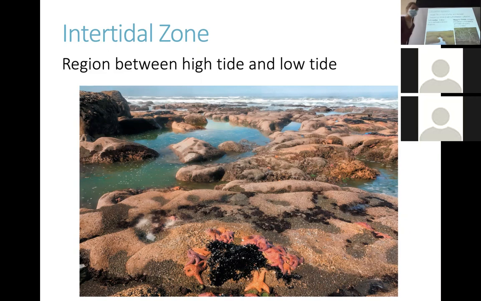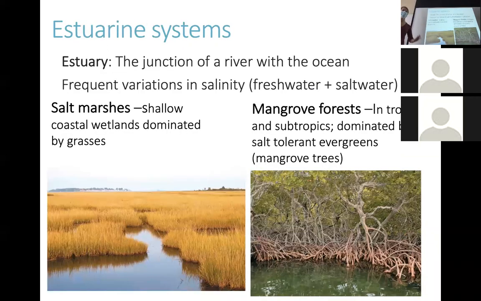And then estuaries are that kind of in between. So they're not totally fresh, they're not totally salt. They're sort of in between, and they occur typically at the edges of continents. An estuary is where a river joins the ocean. The salinity will change based on whether the tide is up.